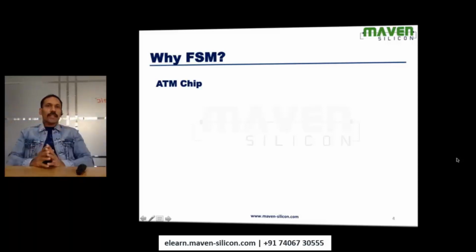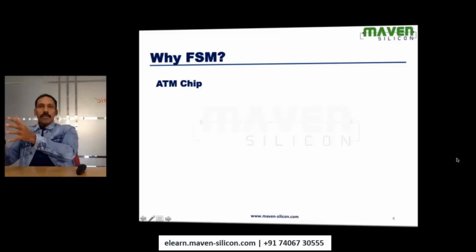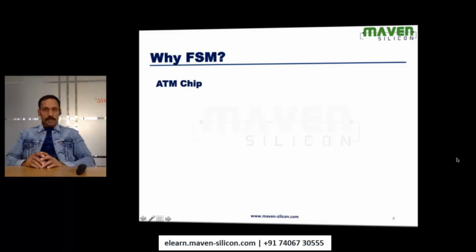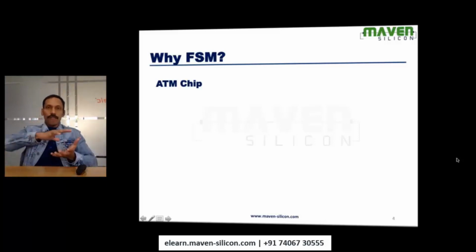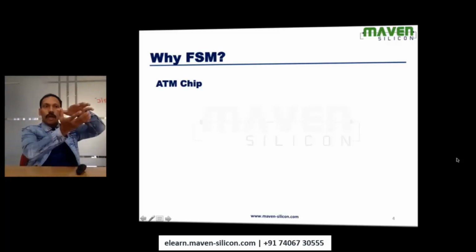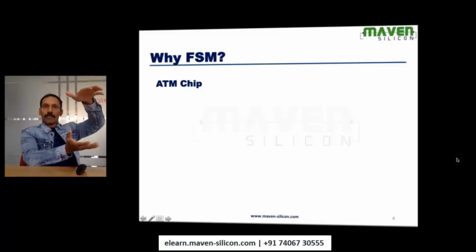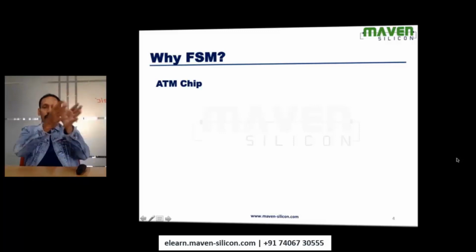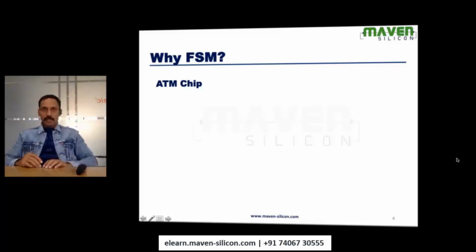Now, when it comes to finite state machine, what we actually do is we define each scenario as a particular state. So this FSM will go through many states. To design a finite state machine, you have to identify the possible scenarios and you need to define each scenario as a state. Then how is the transition going to happen?